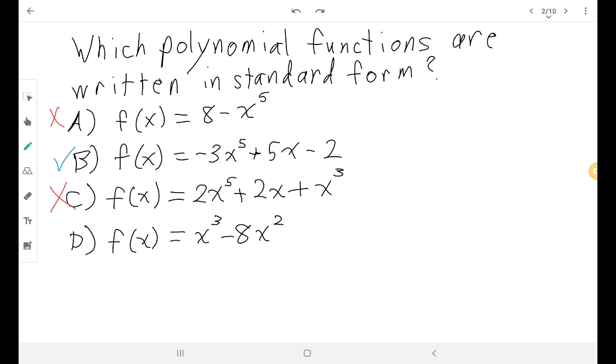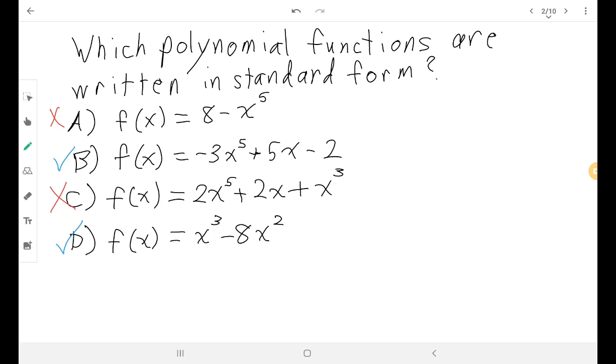Okay? And finally, we've got choice D, which has an x to the third, which is the highest exponent, and then a negative 8x to the second, and then there's nothing else. And it's okay that there's nothing else. Those are the only two things involved, and they are in the correct order. So yes, that one is in standard form as well.